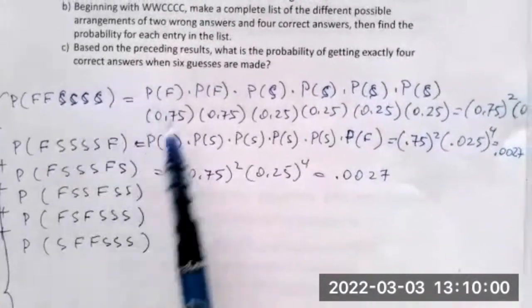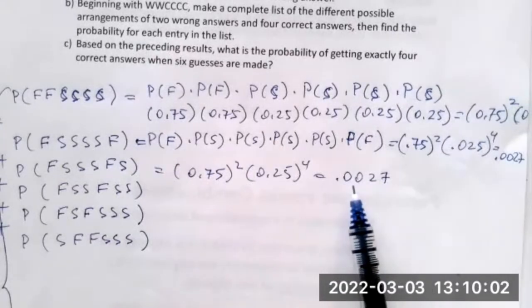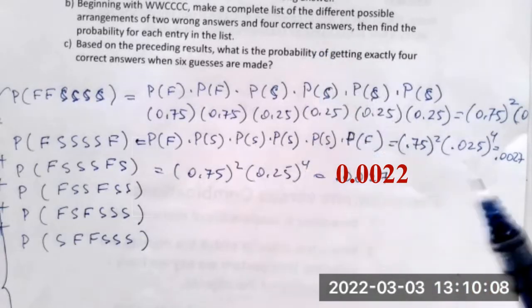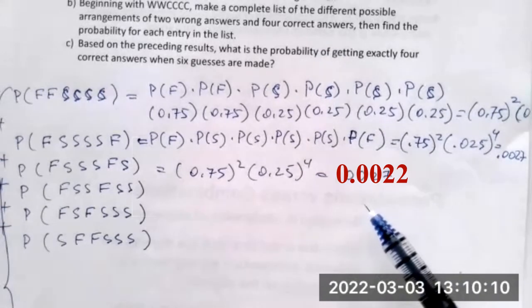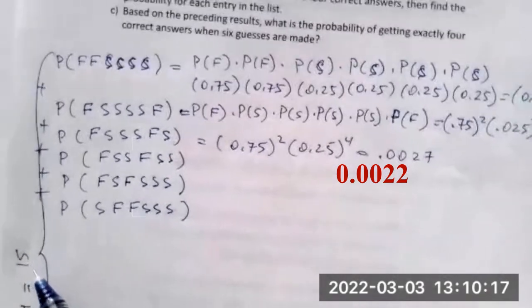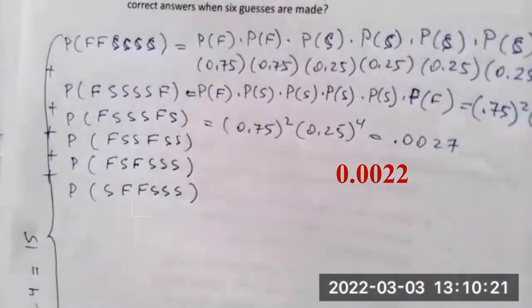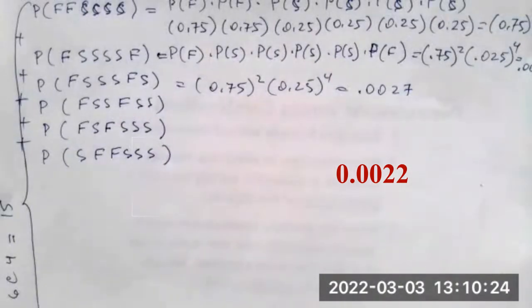So the probability of each of them being 0.00. So basically what we need to do now is to multiply this by 15 to get the probability of 2 failures and 4 successes.